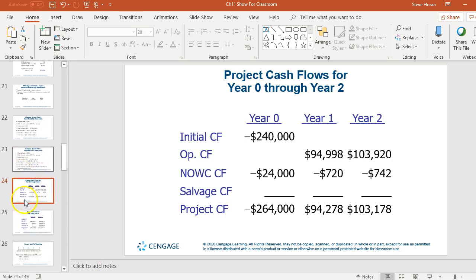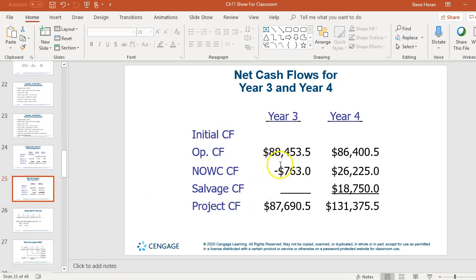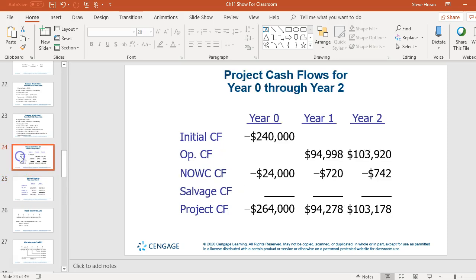Then we've got the change here in year 3. Then in year 4, we have the final year to make the product. We recoup the net operating working capital at $26,225, and the salvage value after tax is $18,750. So in year 4, I'm getting these big bumps in cash. And in year 1, of course, I had those initial cash outlays.